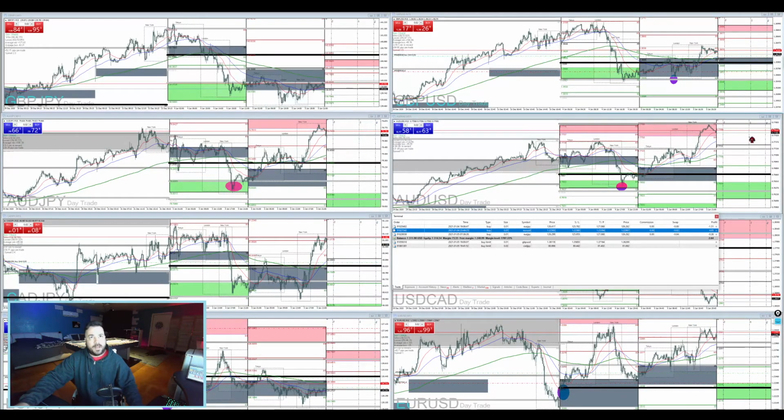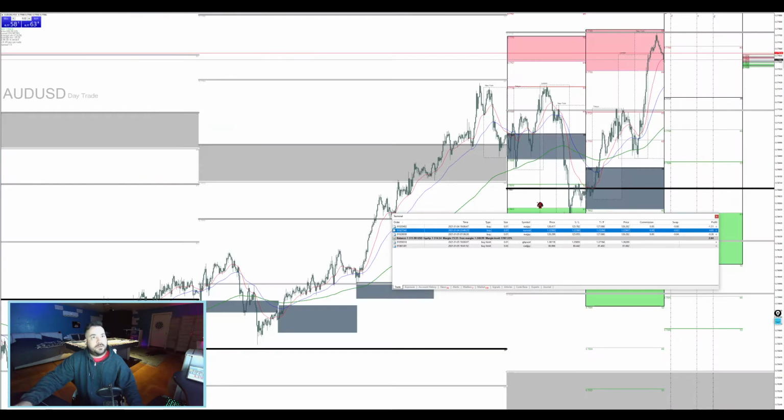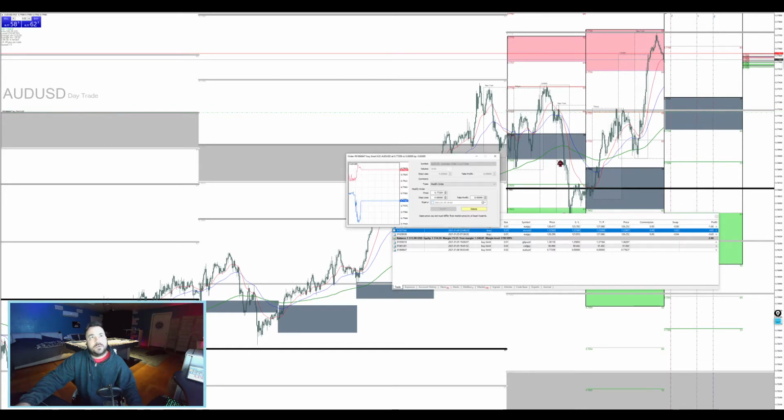All right, up next is the one that blew off today. All right, so this one's going to be in the middle zone, which is right in here. Okay. And I'm going to set my stop and take profit.